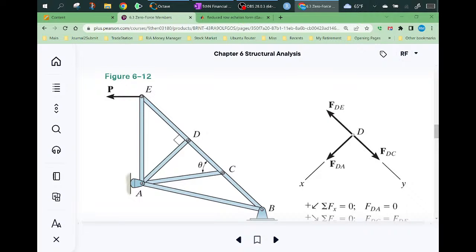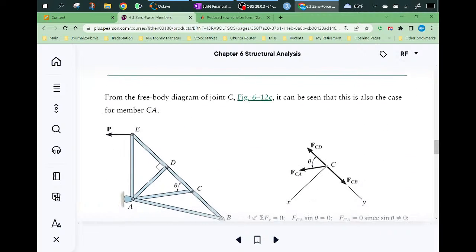The only way you can identify these is to think about this from a free body diagram of D right there. This one's going exactly the opposite direction. So CD is in a direct line with ED, and so this other one, whether it's perpendicular or not, doesn't matter. There's no force perpendicular to the line that goes from C all the way up to E, and so that gives you nothing there.